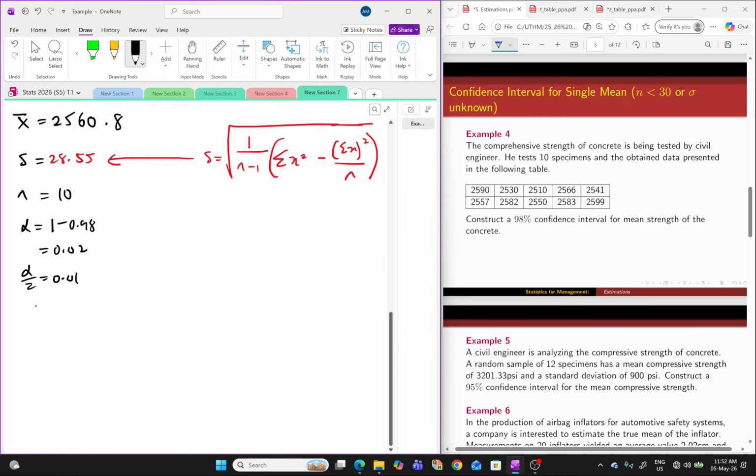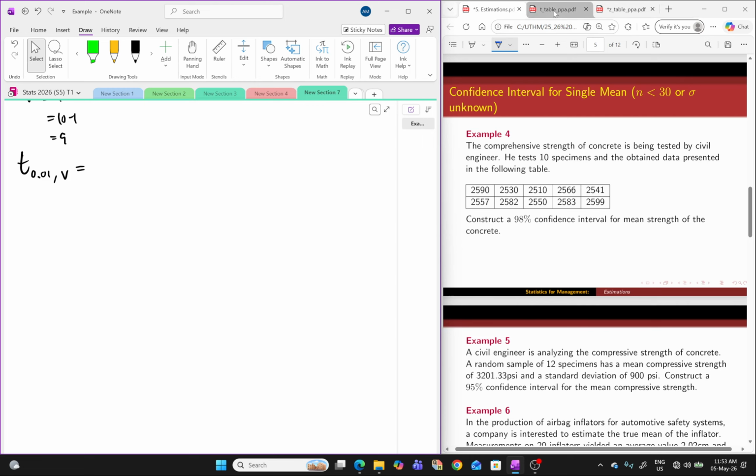Now what else we need there? Degree of freedom. Degree of freedom is n minus 1, 10 minus 1, this is 9. We have 0.01, degree of freedom is 9.